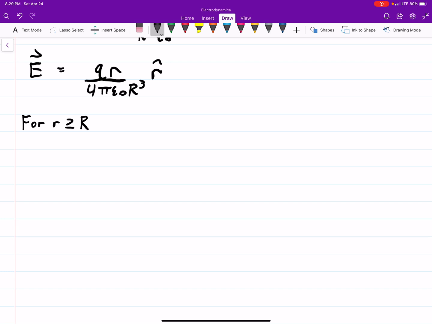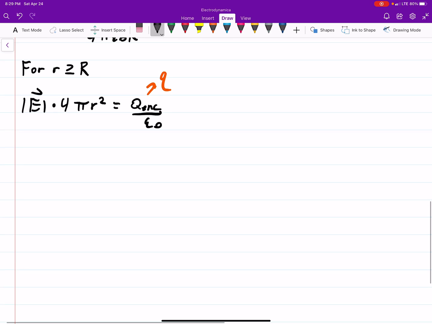So again, we'll do the same thing, which is Gauss's law. The left-hand side of our equation is not going to change. We have Q enclosed over epsilon naught. Now, Q enclosed is just Q when we're outside the sphere. So that actually makes this really easy.